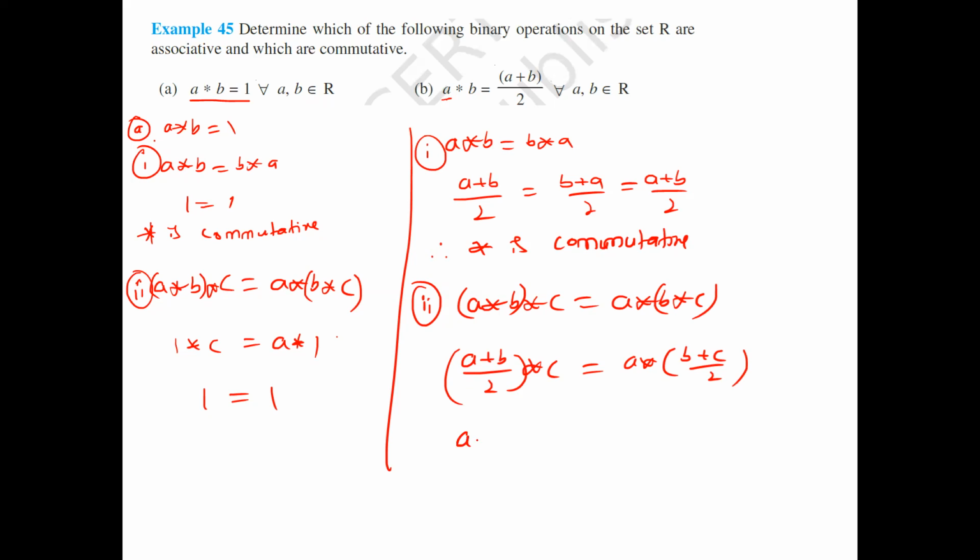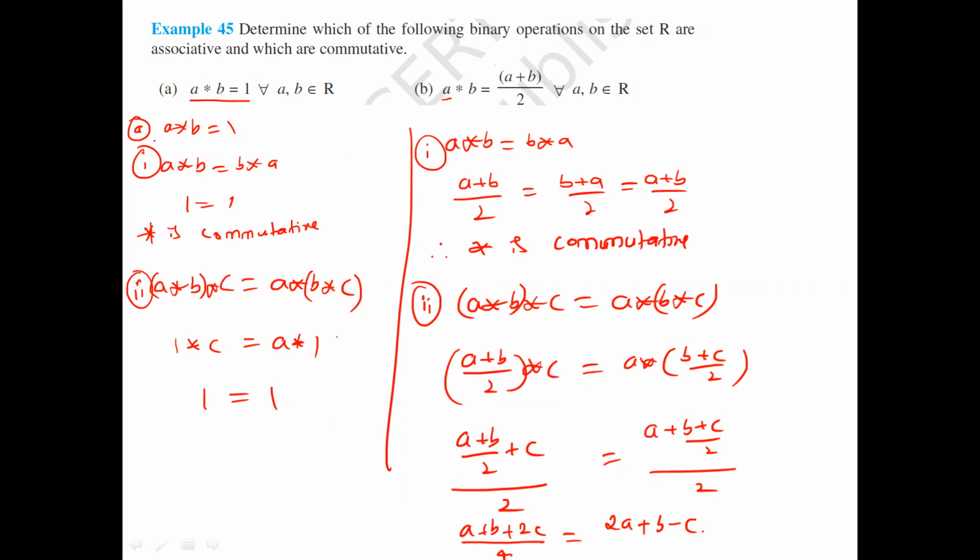Now this can be done as ((A plus B) by 2 plus C) whole divided by 2 according to the formula. What about here? (A plus (B plus C) by 2) whole divided by 2. Now this one is (A plus B plus 2C) whole divided by 2 into 2, which becomes 4. Here it is (2A plus B plus C) whole divided by 4.